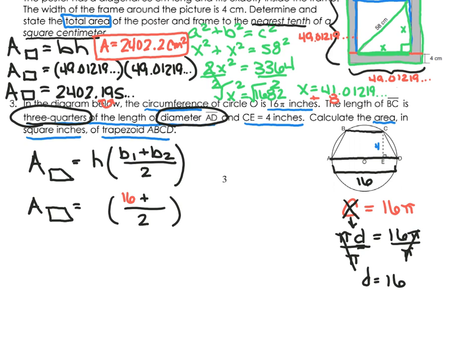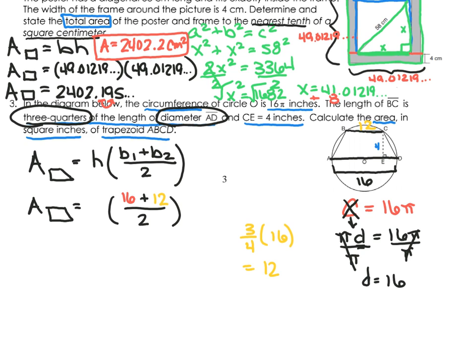Well, we just figured out that our diameter AD is 16. So we're going to set up a little math that says 3/4, or 0.75, times 16. And 3/4 of 16 is 12. And so now we know that BC is 12. And so now we can replace our second base with 12.